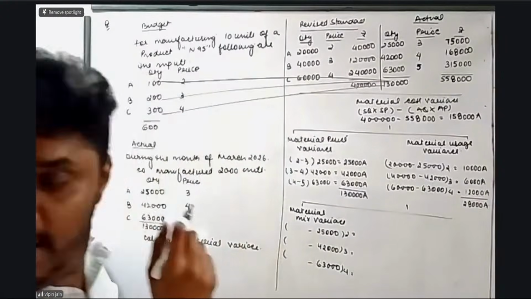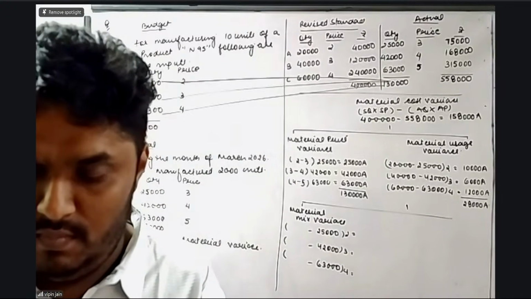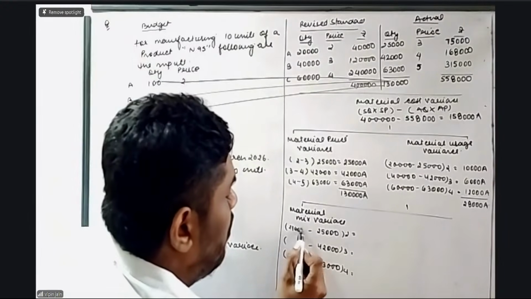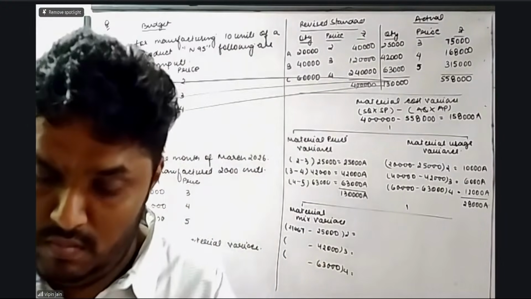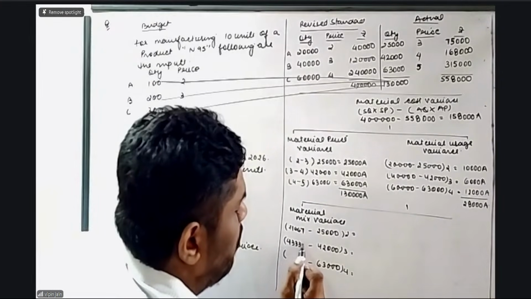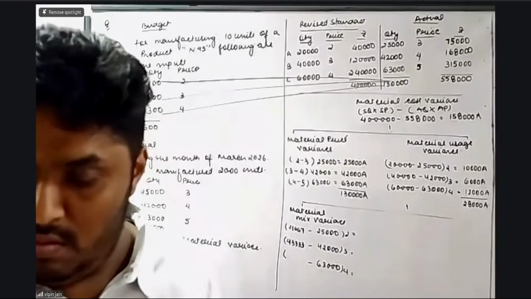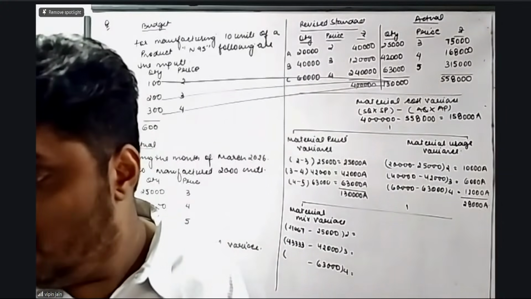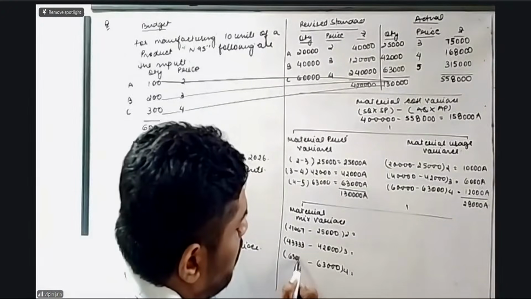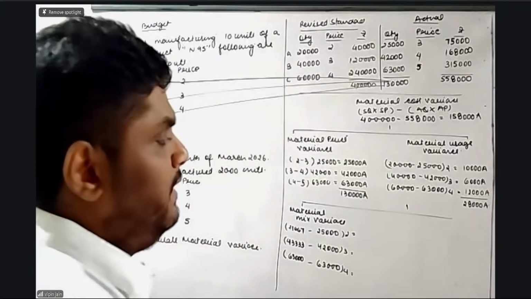So that will be 21,667, 43,333, and 65,000. So you guys can calculate material mix variance accordingly.